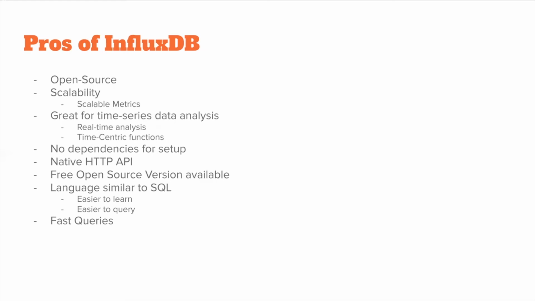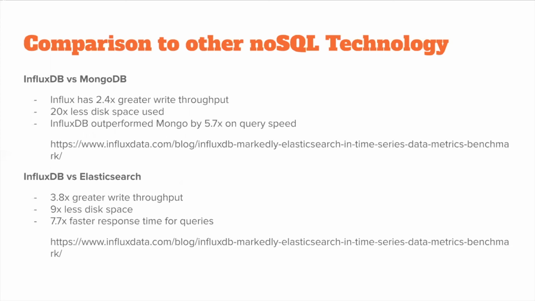It also has very fast queries. This is what I'll be getting to next, showing some comparisons with some other noSQL technologies and SQL technologies as well. So starting off here, I found this website and they did tons of tests against other databases on some different tests, and these were the findings here.